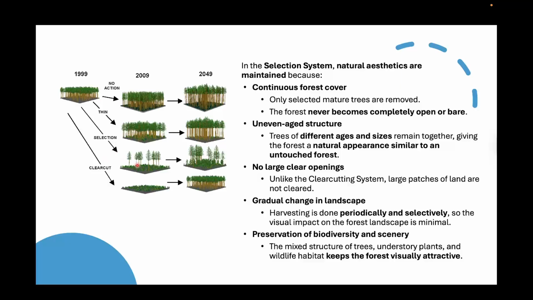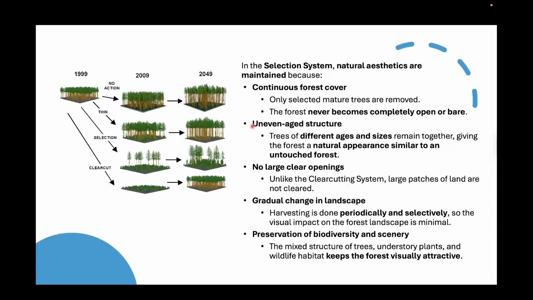In the selection system, only selected mature trees are removed, leaving behind the trees more or less in their natural format, which creates an uneven-aged, natural forest-like scenario. And in a clear cut felling system, all the trees are removed in one go, allowing for regeneration in artificial mode and then covering up.